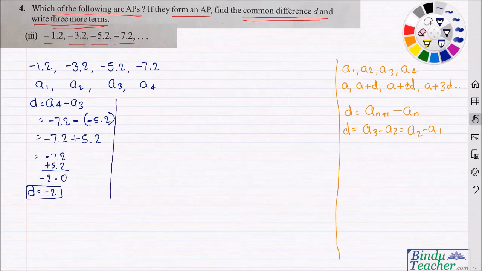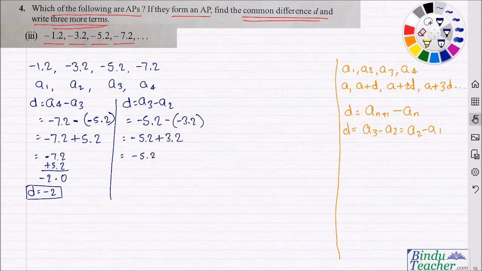Now let's also calculate D equal to A3 minus A2. We will do this to see if we get the same result. Equals A3. A3 is minus 5.2 minus A2. A2 is minus 3.2. So we get minus 5.2, minus into minus plus 3.2.